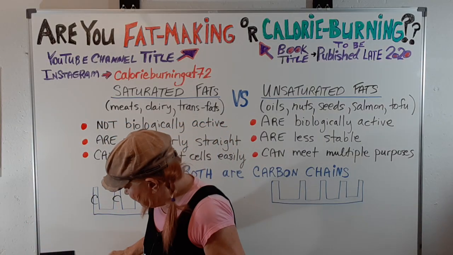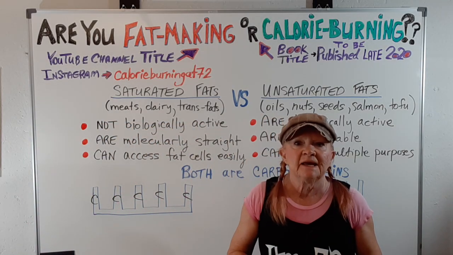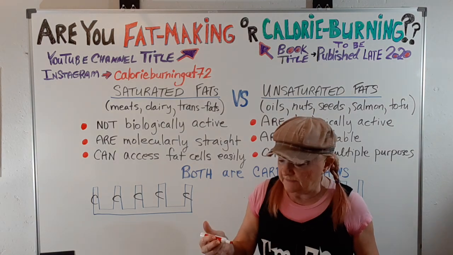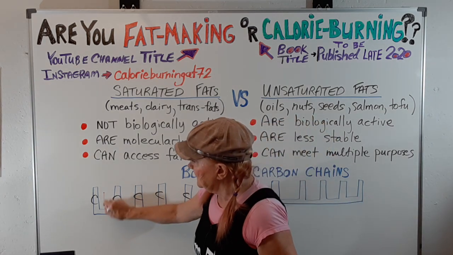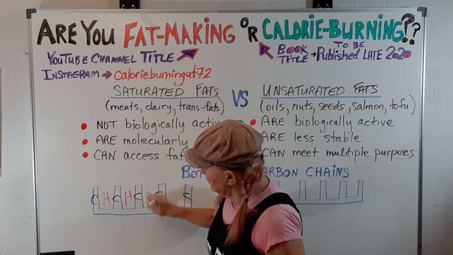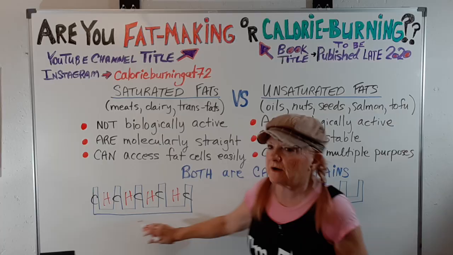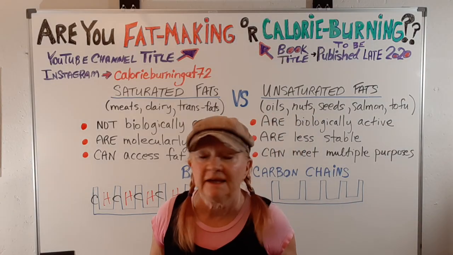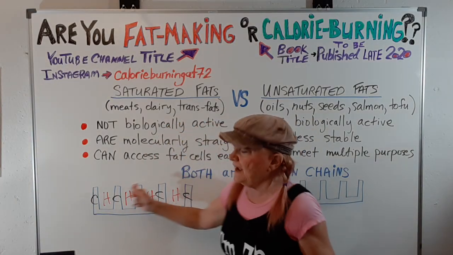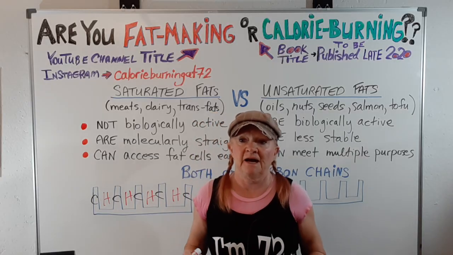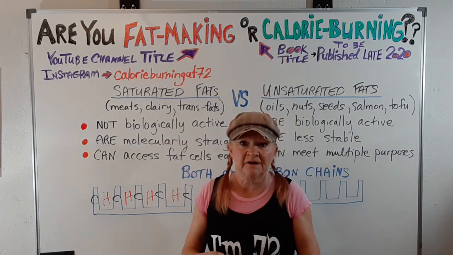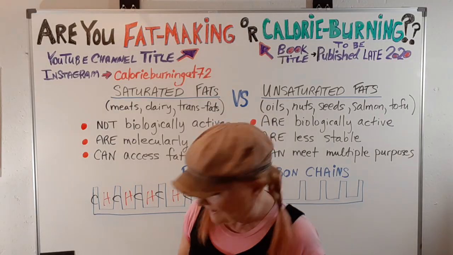But interestingly, there are no empty seats, and what I mean is in between all of these carbons, there is hydrogen. So your body cannot get a ticket on this bus. It cannot use this for anything other than making insulating body fat, right? And you don't want too much excess of that.